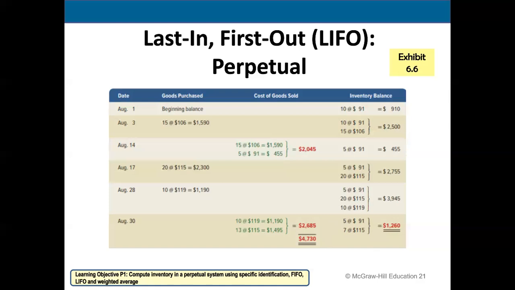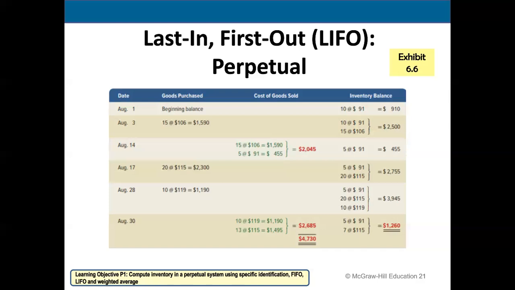So what's interesting about these two is we sold the exact same number of bikes, but because of the inventory cost assumption we used, we end up with a different cost of goods sold number. And so these assumptions matter. They impact our taxes. And so the IRS wants us to be consistent in the one they use. We're allowed to choose the one we want, but we have to be consistent in what we use.